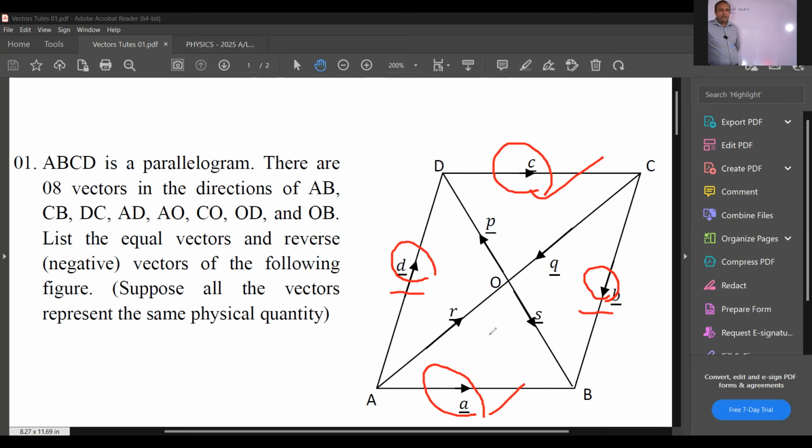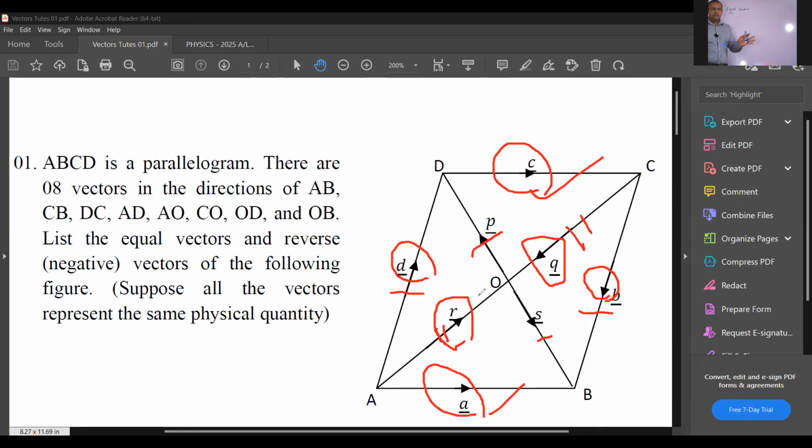As this is a parallelogram, this length and this length should be equal, and this length should be equal separately. Then, if you consider the vector AO, that means vector R and vector Q, what can you say?